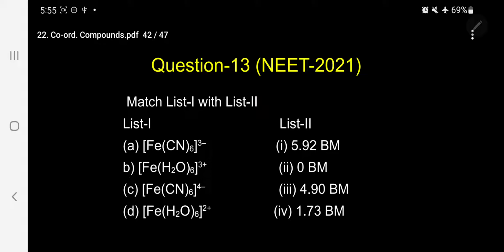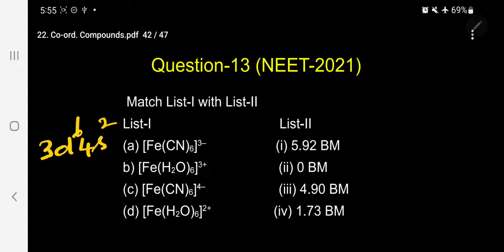Let me take iron. What is the electronic configuration of iron? That is 3d6, 4s2. So what is the oxidation state? Look at this, [Fe(CN)6] 3 minus, so it is 3 plus.